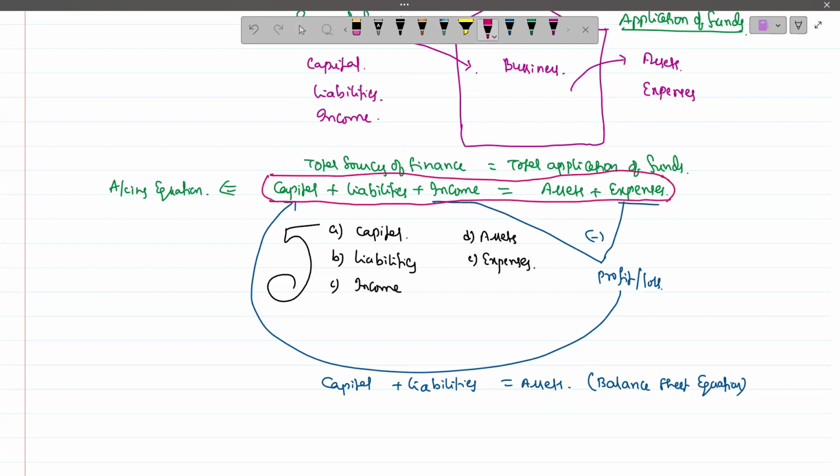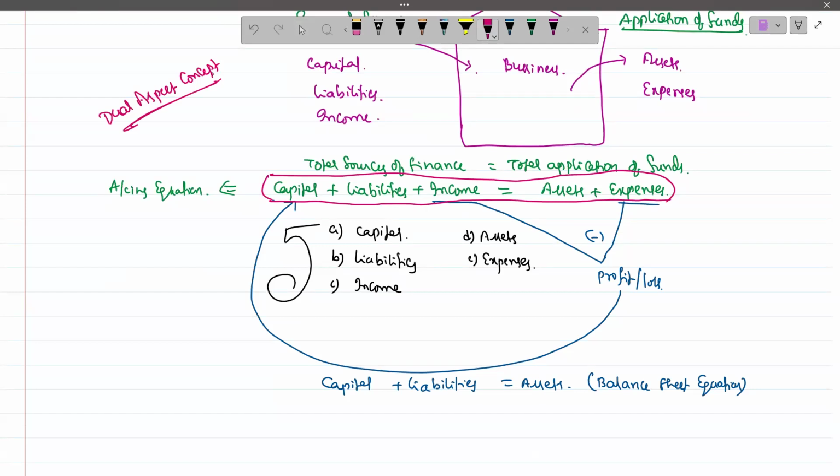As per this approach, all accounts are classified into the five types: capital, liabilities, income, assets and expenses. And actually this approach is framed based on the famous concept called the dual aspect concept.